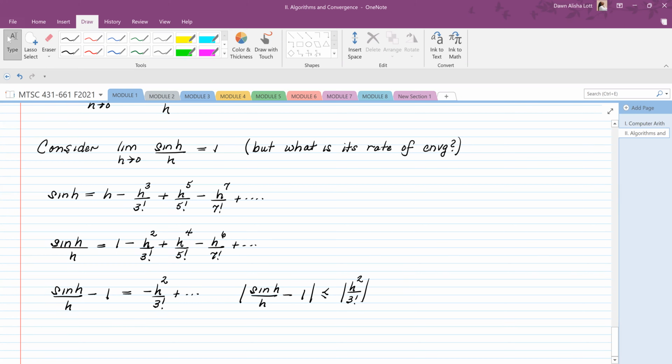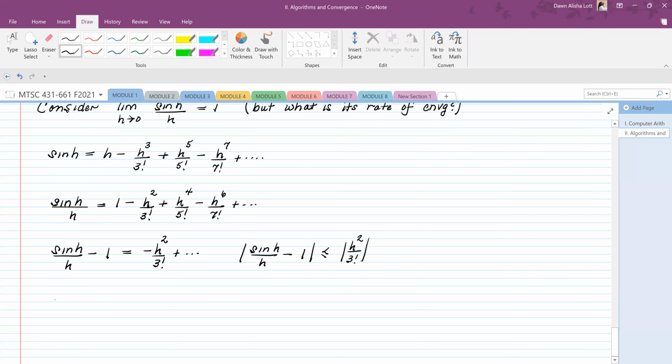And so now we can say that the sine of h over h converges to 1 with rate of convergence order of h squared.